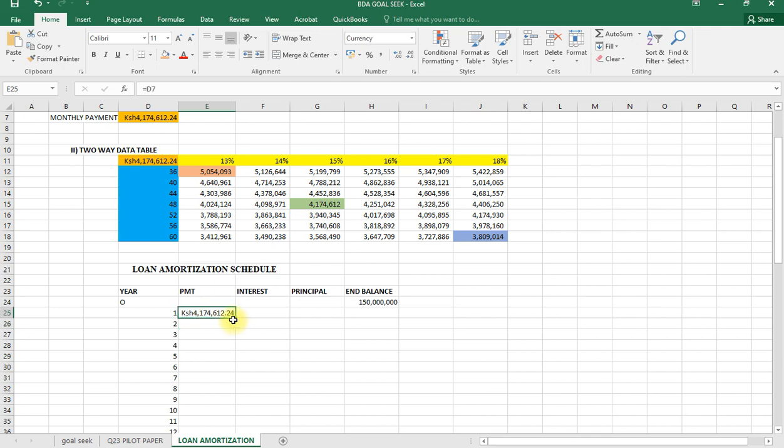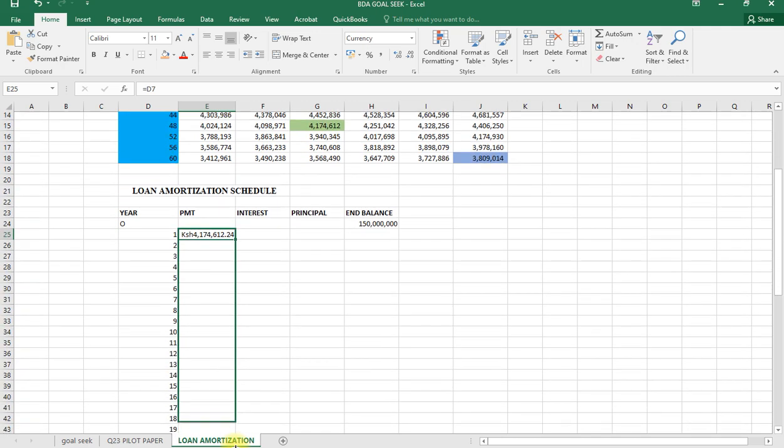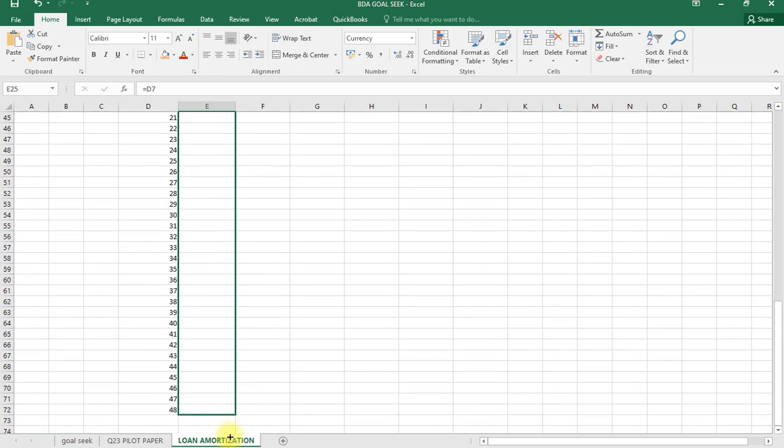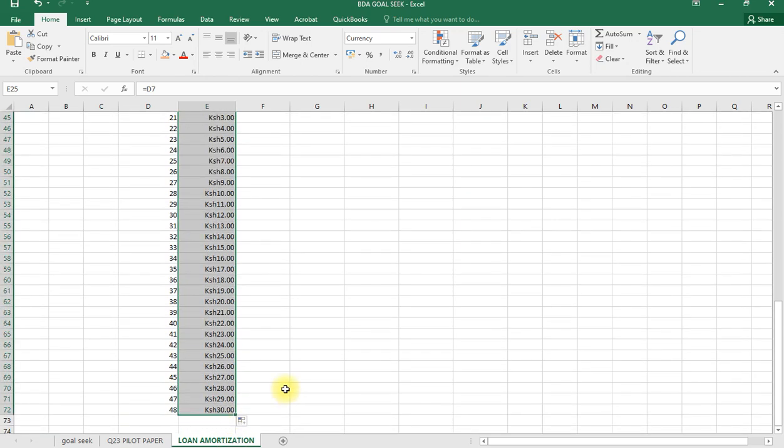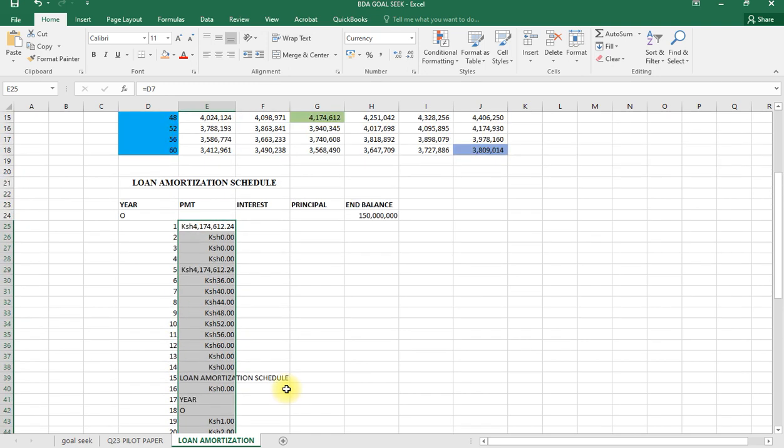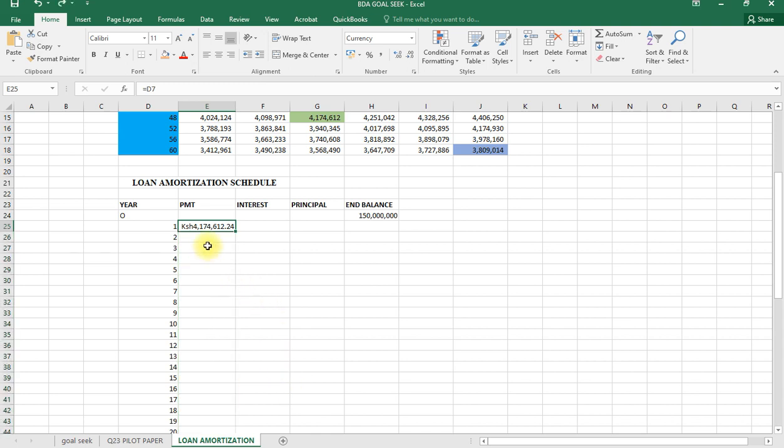So these are constant values that we are paying. Can autofill that, either drag or double click. Just a minute, Control Z to undo that.